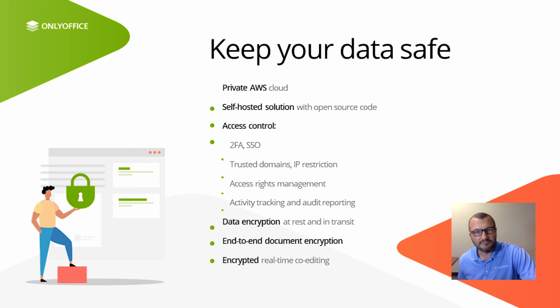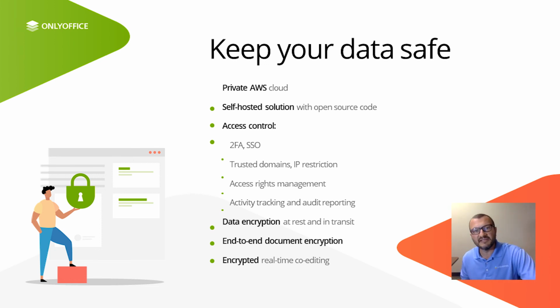In this slide, I would like to highlight several security features you will enjoy when deploying OnlyOffice on AWS Cloud. AWS security is top-notch. They monitor their infrastructure 24/7 to ensure confidentiality, integrity, and availability of your data. You can launch additional services to enhance the security to the level you need.